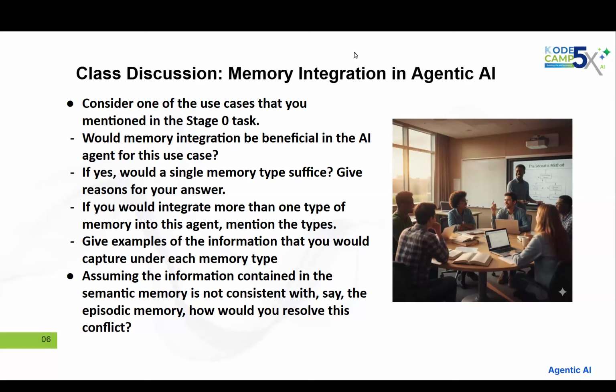I feel that memory integration will be very efficient here because the agent has to remember the kind of learning style the student works better with, so that it can help the student in that journey of learning.